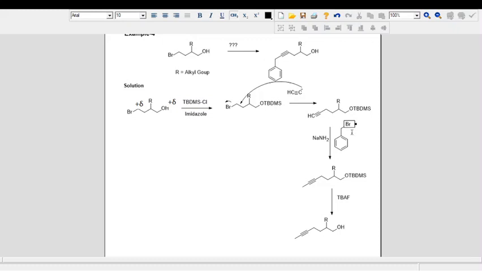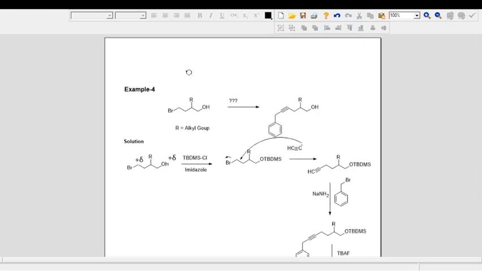With the removal of this bromide, we would be getting the benzylation of the terminal carbon atom, and in the final step we have deprotected our protecting group, that is the TBDMS group, to regenerate our original hydroxyl functionality.